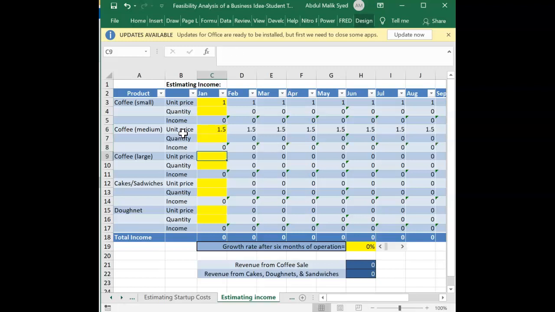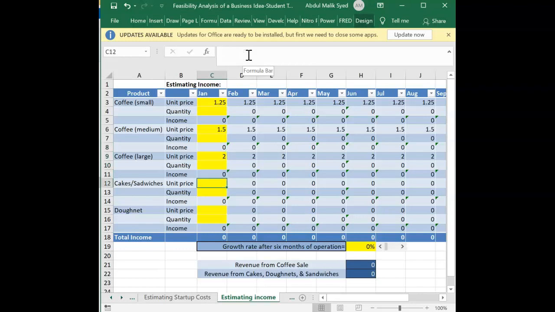Okay, and the large is coming in 2. Okay, maybe you can say 1.25. All right, you can play whatever you want. Okay, so let's say I'm taking 1.25 for a small cup, 1.5, and then it is 2 for the large.